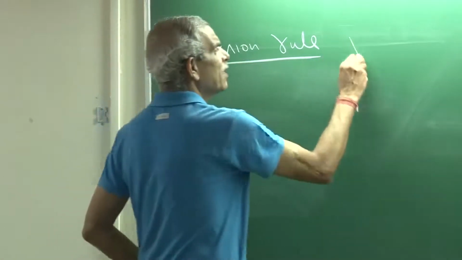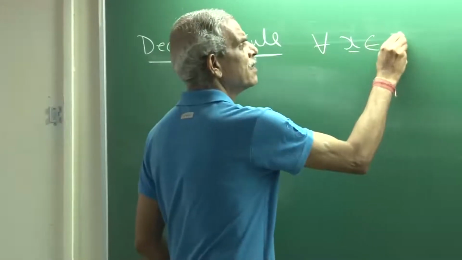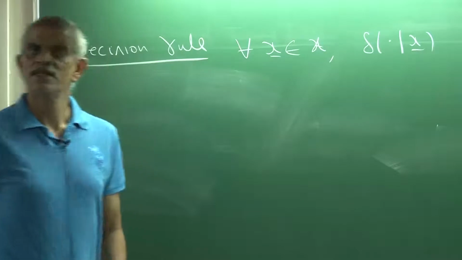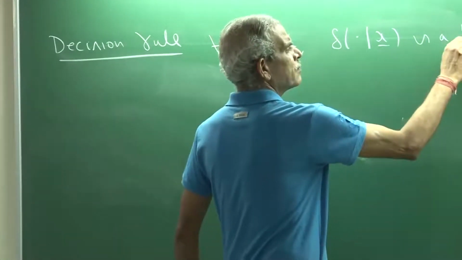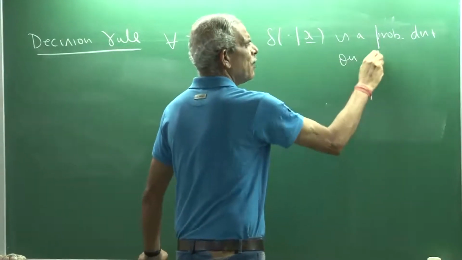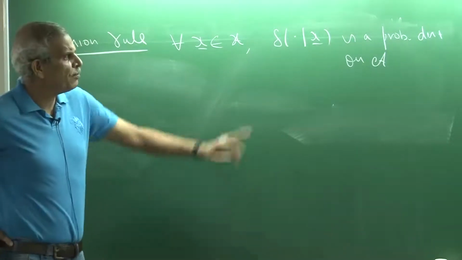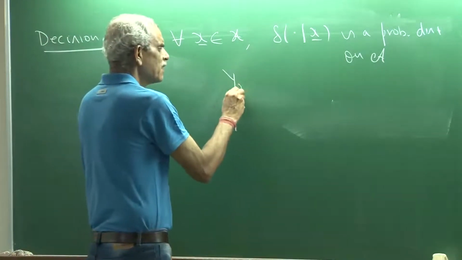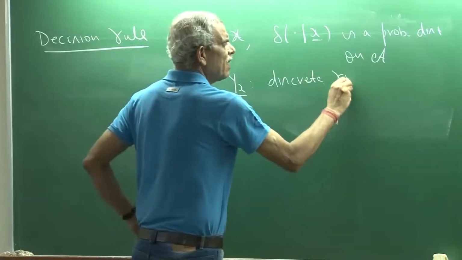So for every x belonging to the sample space, it should be a probability distribution on the xn space. But my xn space is only having 2 elements. So that means it would be a probability distribution of a discrete random variable. So yx is a discrete random variable.